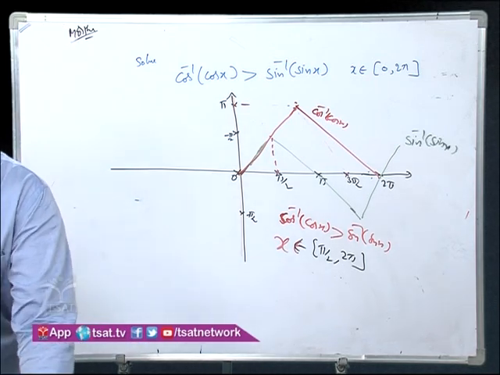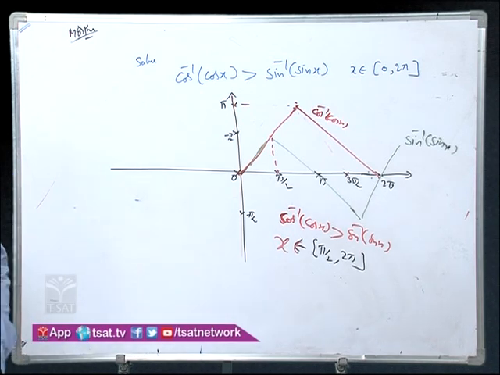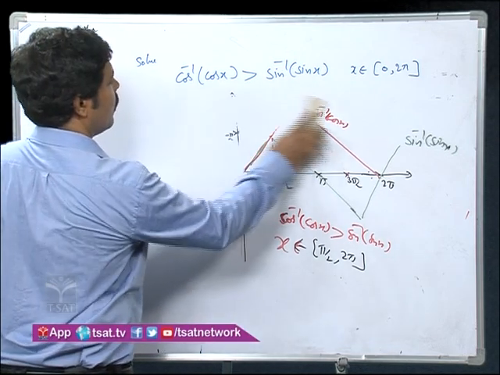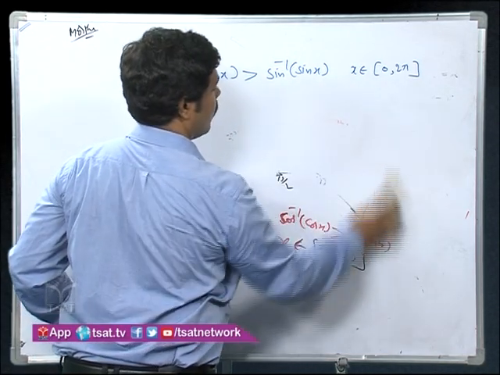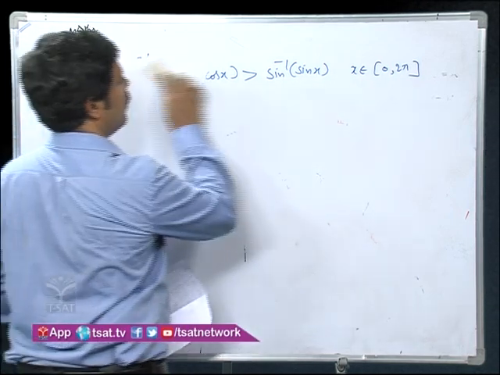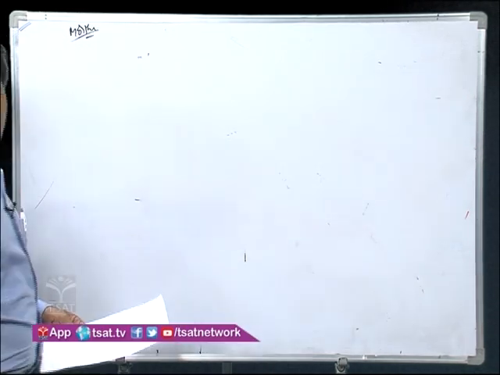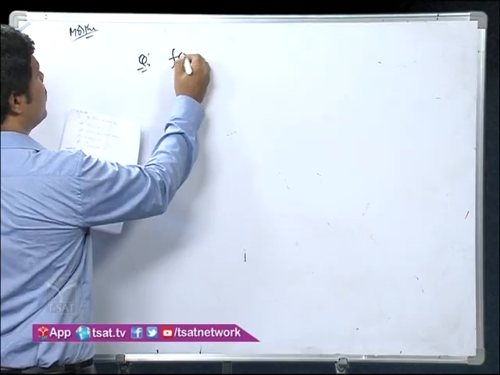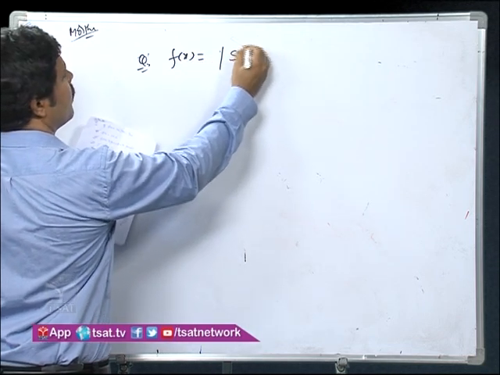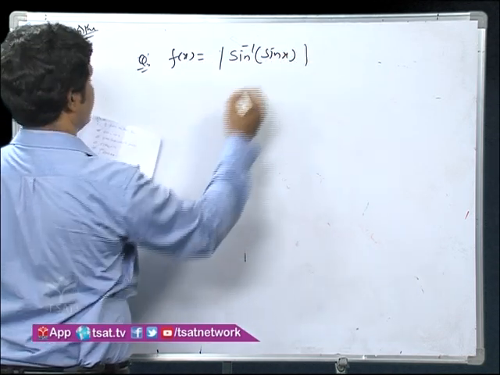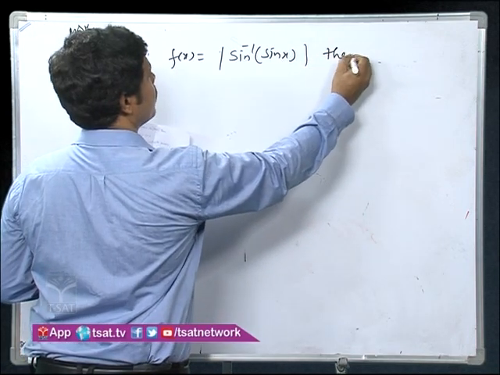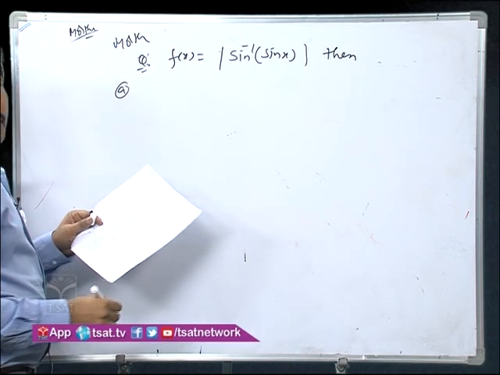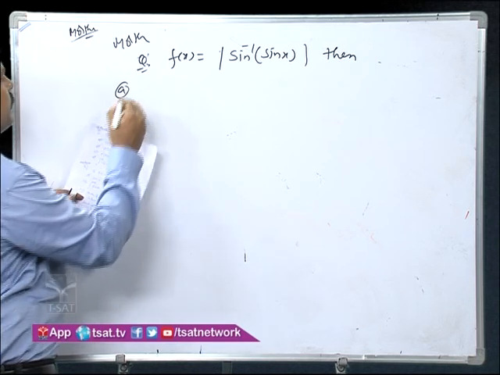Next, another question: if f of x is equal to modulus of sin inverse of sin x, then, this is a more-than-one-correct question, this is important, this is JEE Advanced.